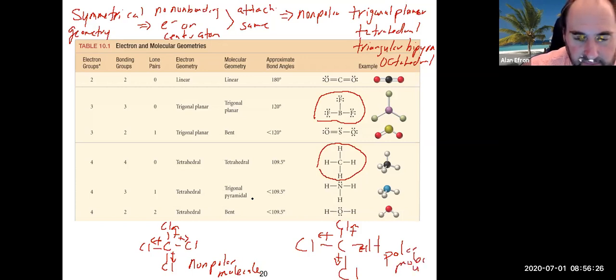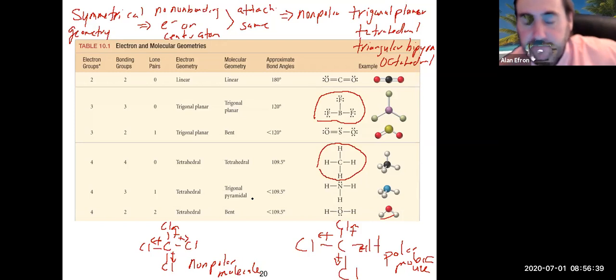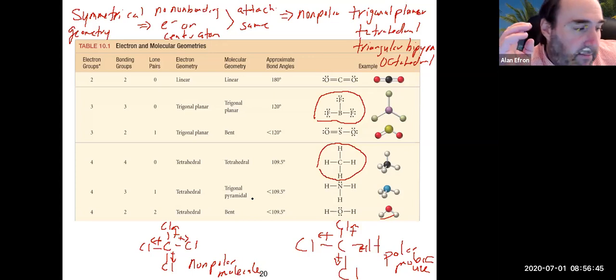So that's the rule there. The general rule is if you have one of these symmetrical geometries, which essentially means when you draw the Lewis structure, no dots on the central atom, everything on the outside is the exact same, you could safely bet the molecule is going to be non-polar.